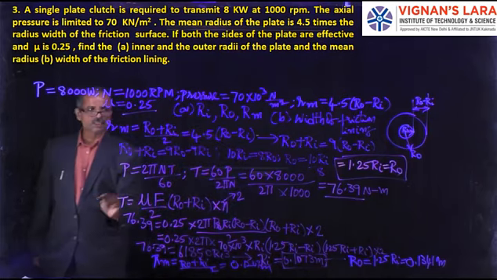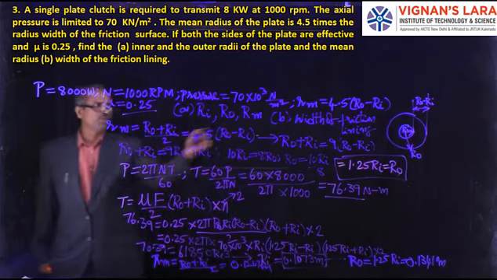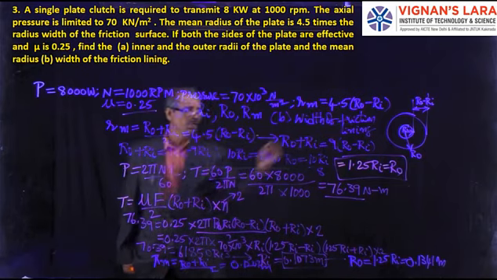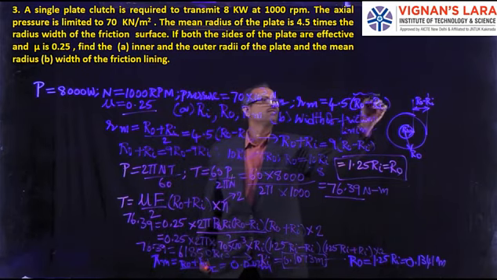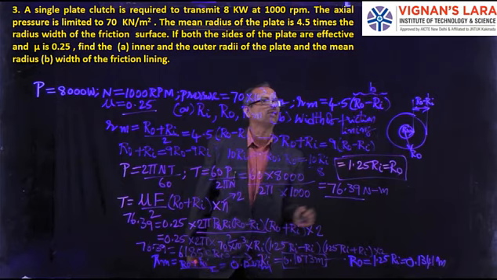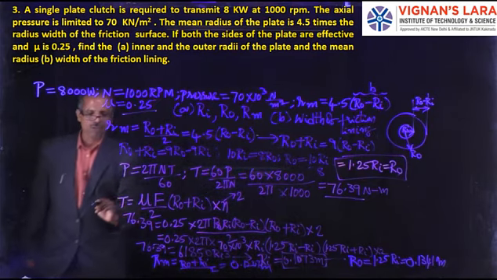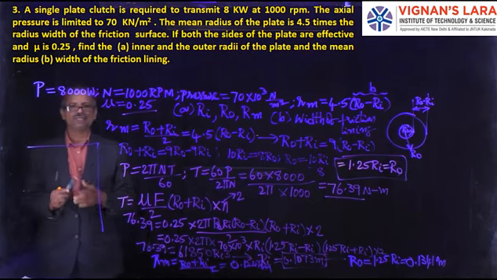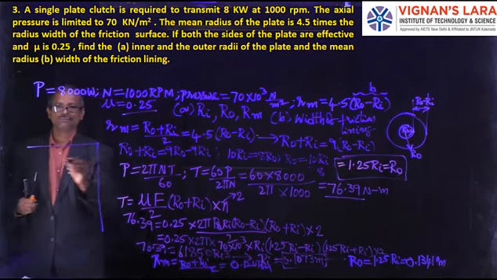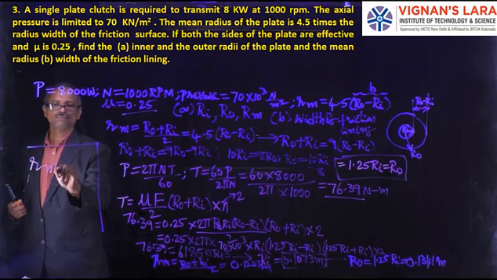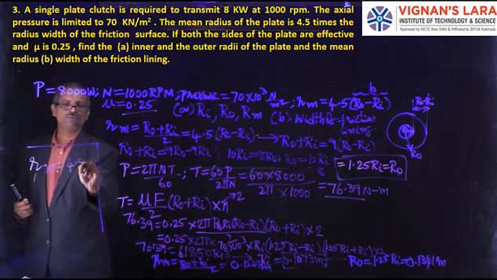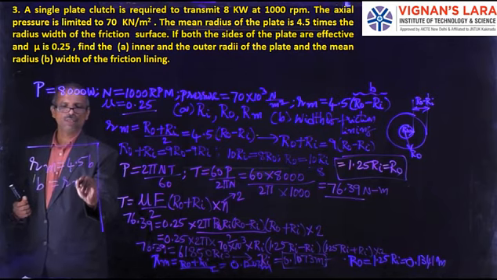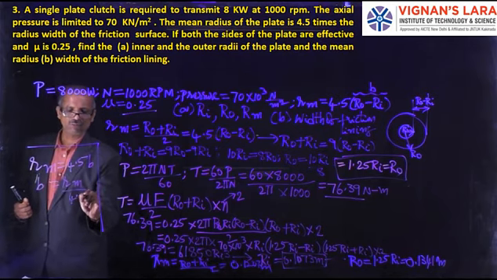From the basic equation, Rm is equal to 4.5 times the width of the friction lining, which I can call B. So B is equal to Rm by 4.5.